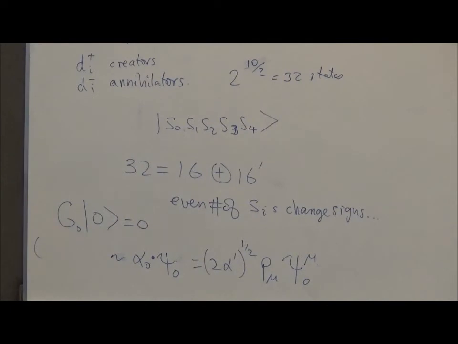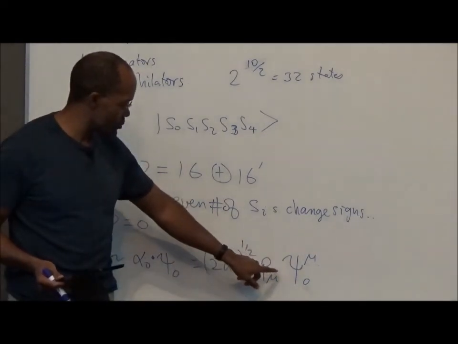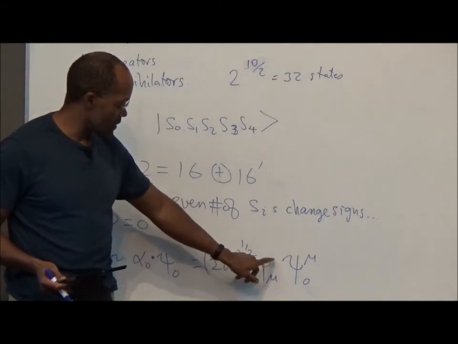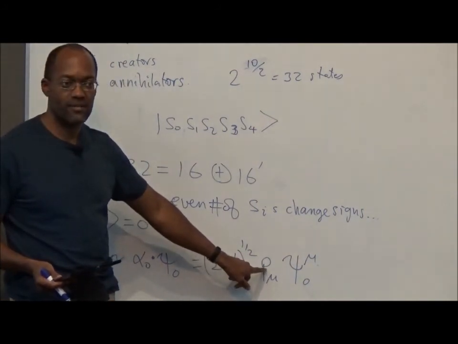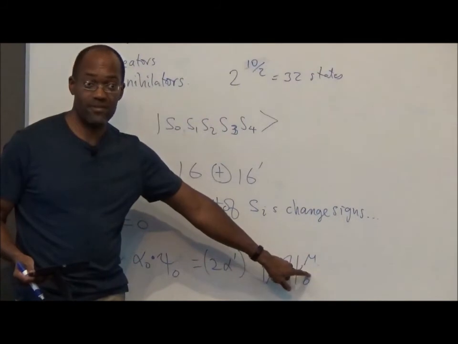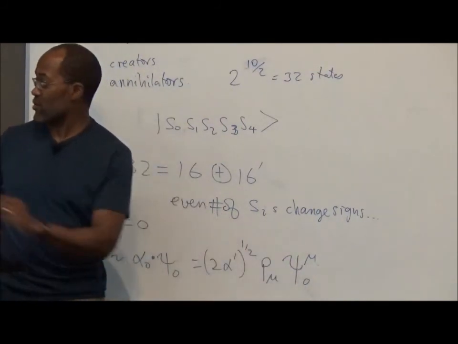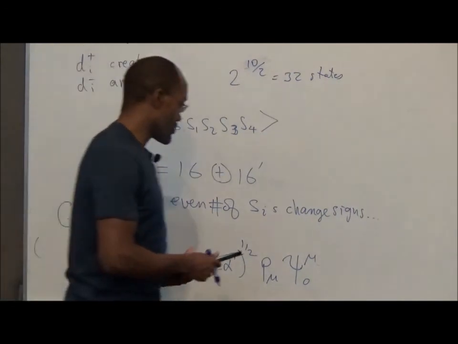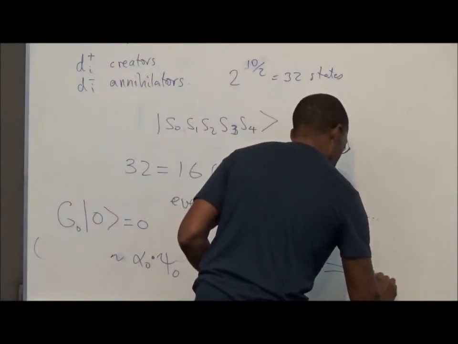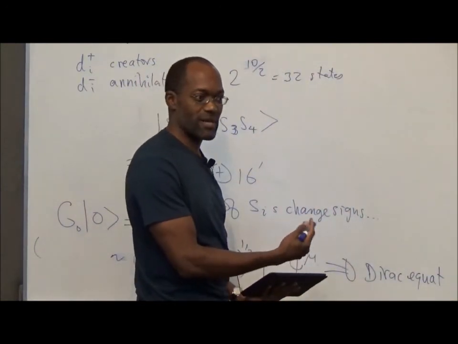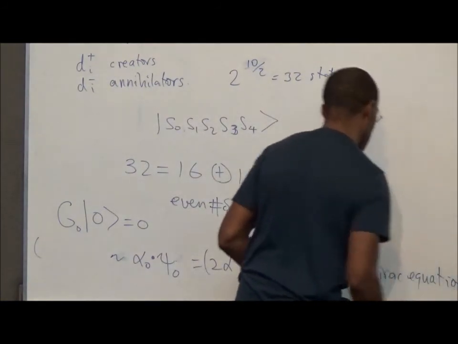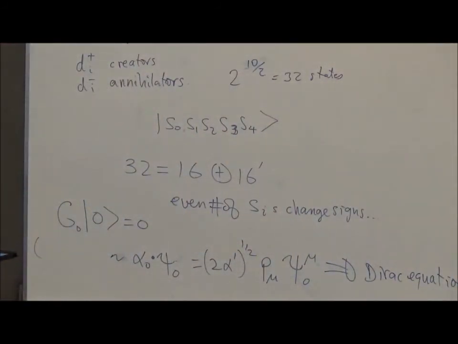If you think about this, this is a momentum space version of the Dirac equation. This would be d mu in position space, and that's the thing that makes it slashed, because it's again a matrix. So this is the Dirac equation, and there's no mass because it's the massless fermion.